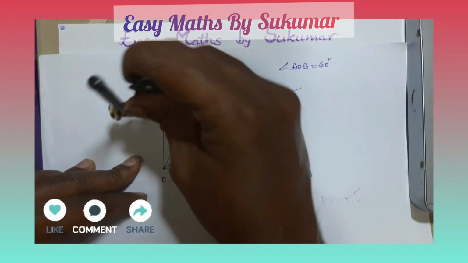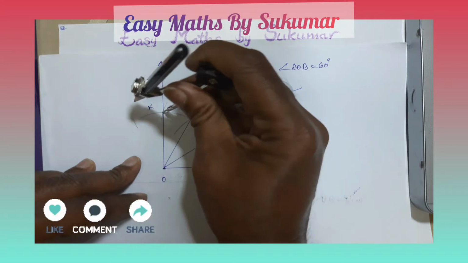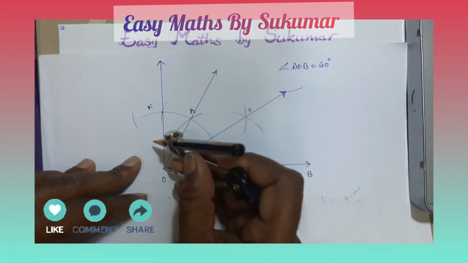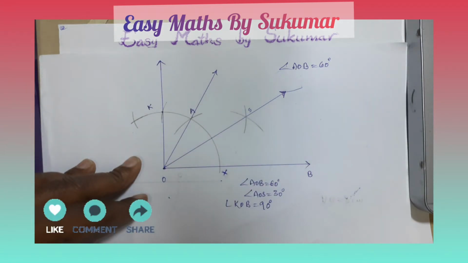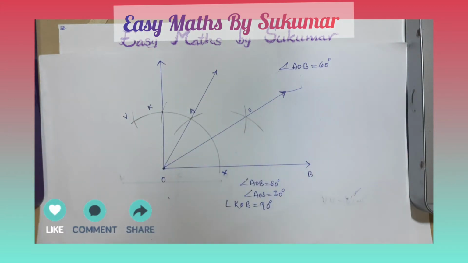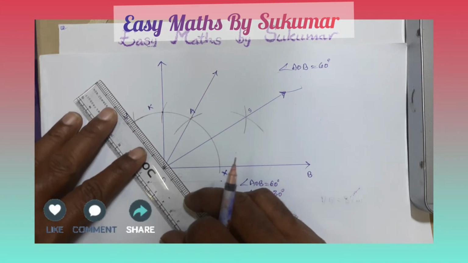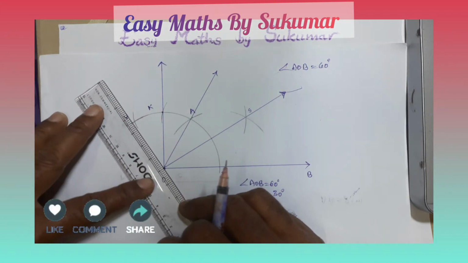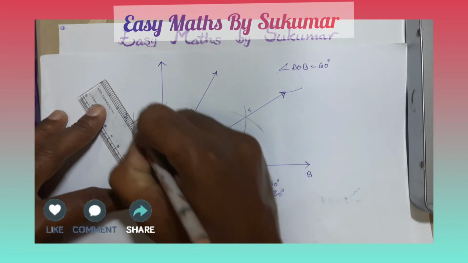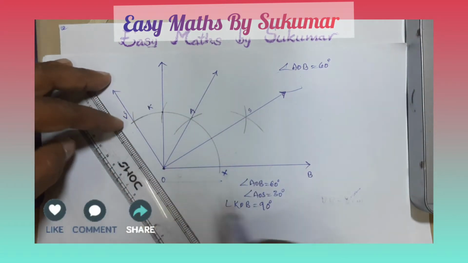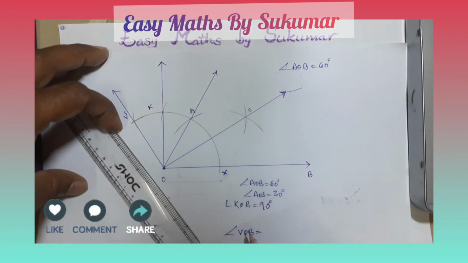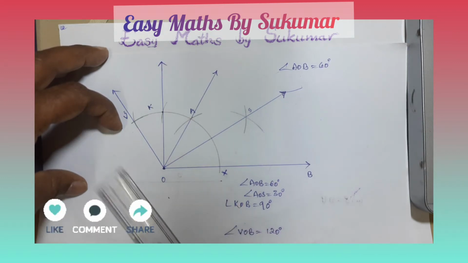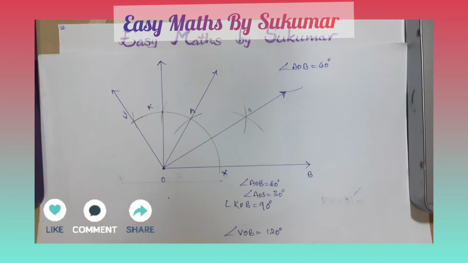Now from here just draw another arc which cuts the first arc at the point V. Now if you join this OV, this angle VOB is 90 plus 30, that is equal to 120 degrees. So angle VOB is 120 degrees.